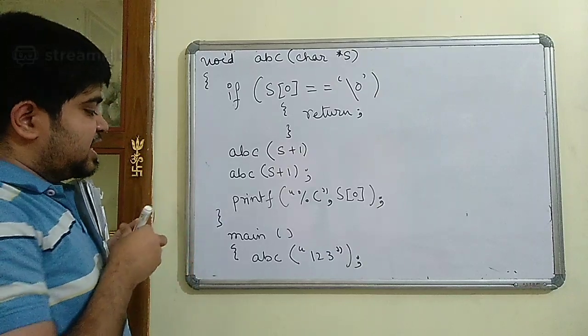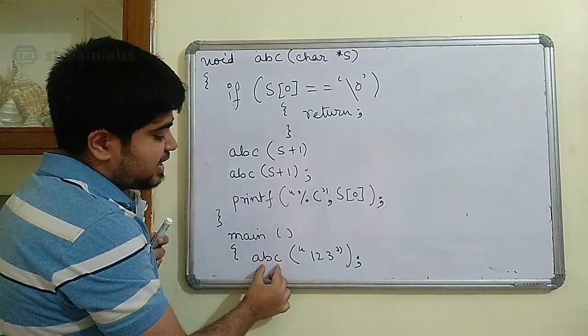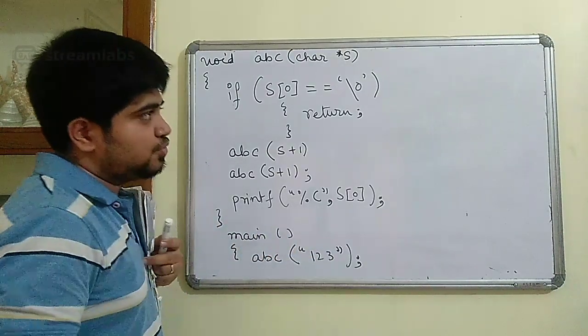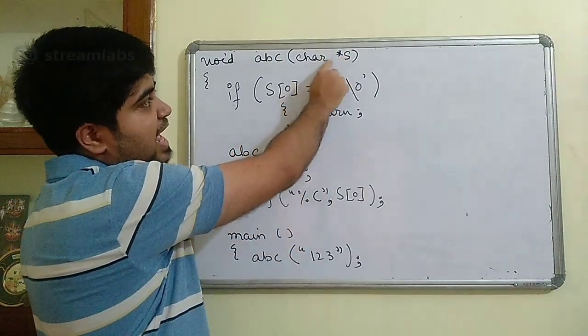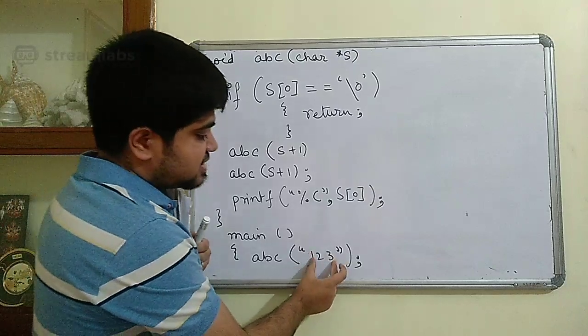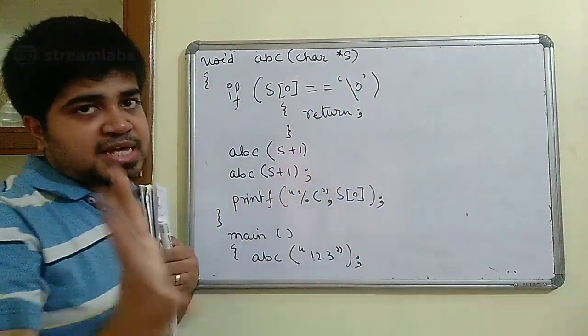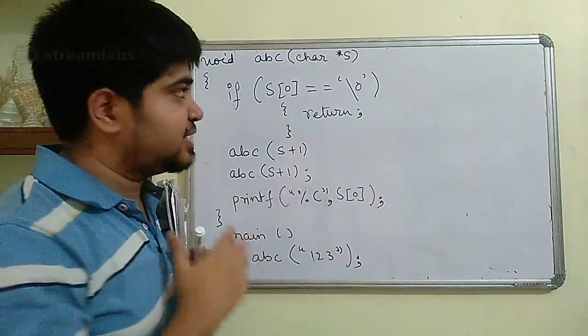Just see once. In the main function, we are sending 1, 2, 3, which is actually ABC of "123", and over here a pointer char star S. So this string is sent over here. String is nothing but an array of characters.